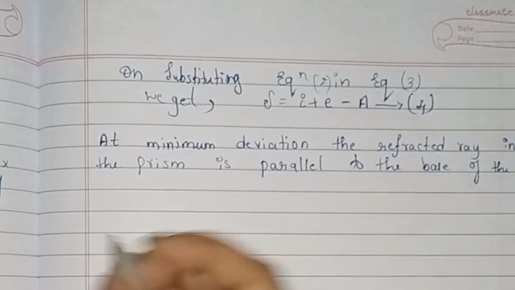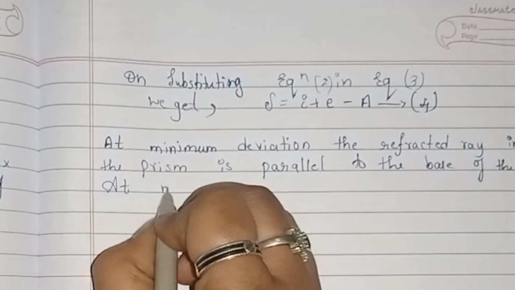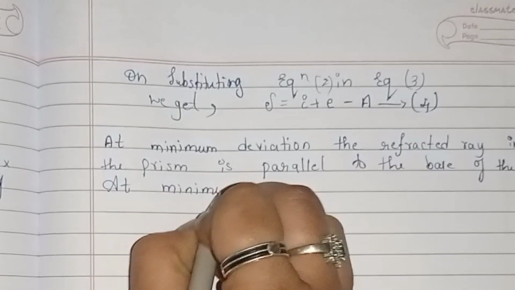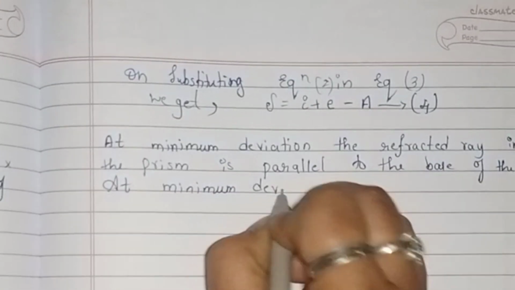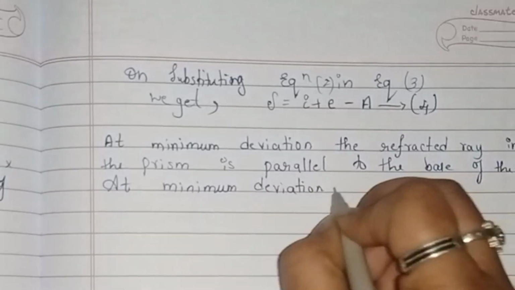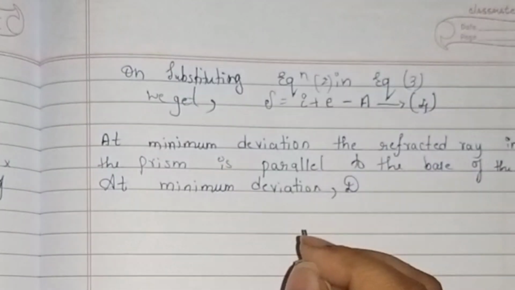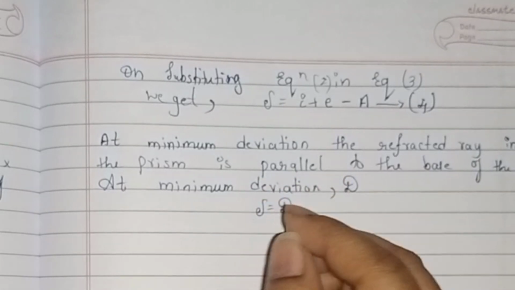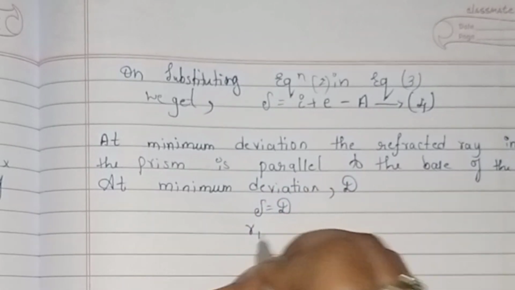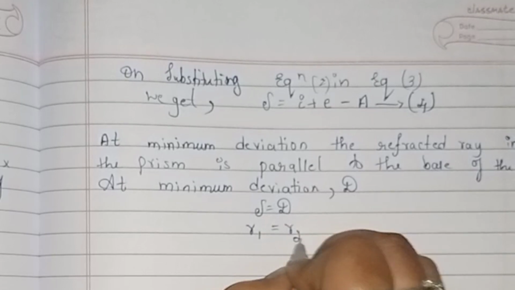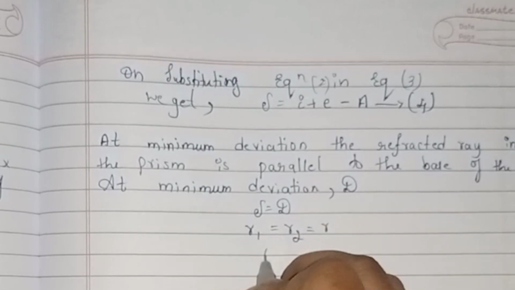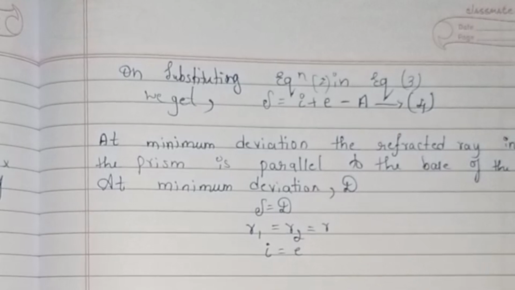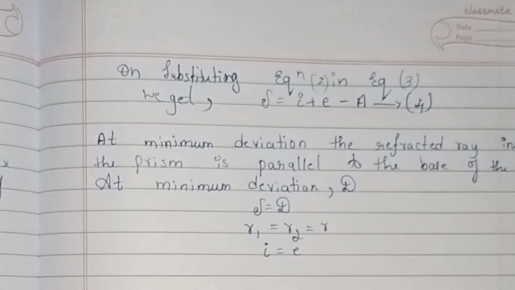Let's say the minimum deviation is D, capital D. At minimum deviation, the deviation will be equal to D. Then the refracted rays R1 and R2 will be equal to R, and the angle of incidence and angle of emergence both remain the same, both will be equal.